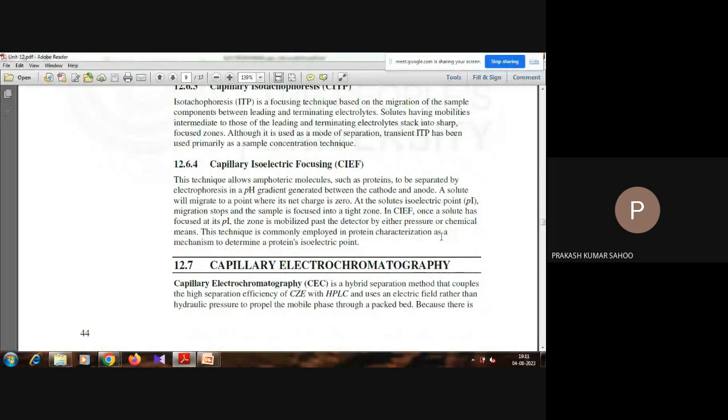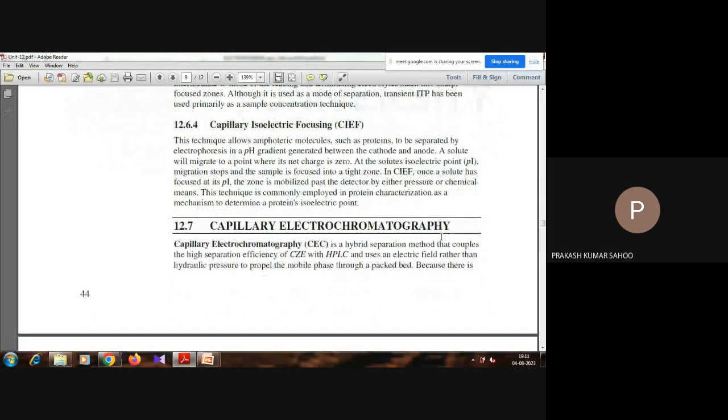Then capillary isoelectric focusing, CIEF. This technique allows amphoteric molecules, that is, molecules having both positive and negative characteristics, cation and anion, such as proteins, to be separated by electrophoresis in a pH gradient generated between the cathode and anode. A solute will migrate to a point where its net charge is zero.